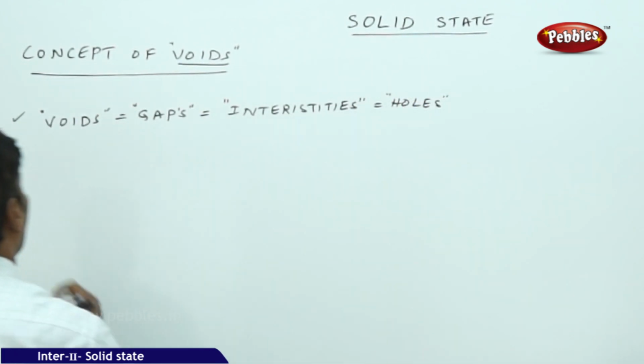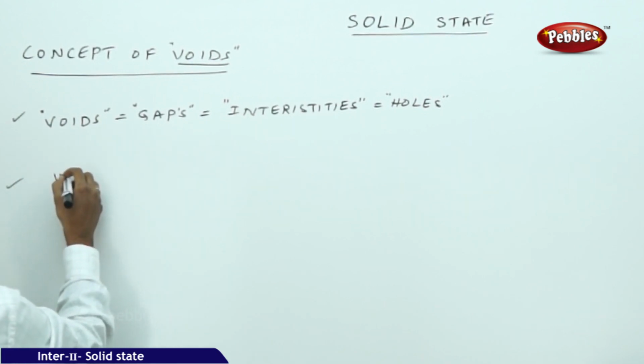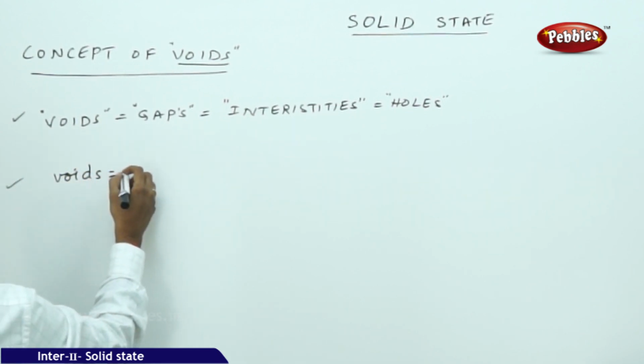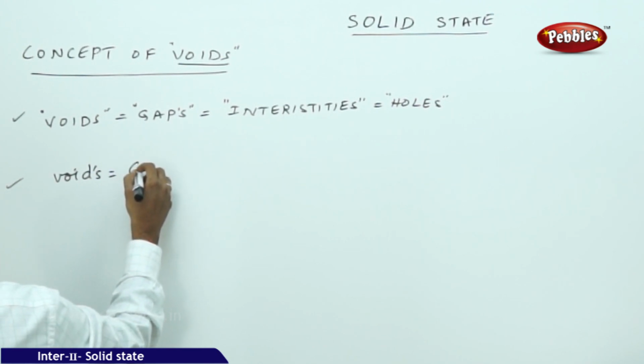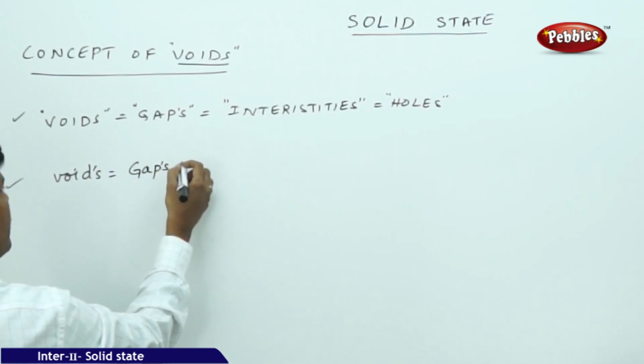So voids conveniently can be called gaps or simply holes.